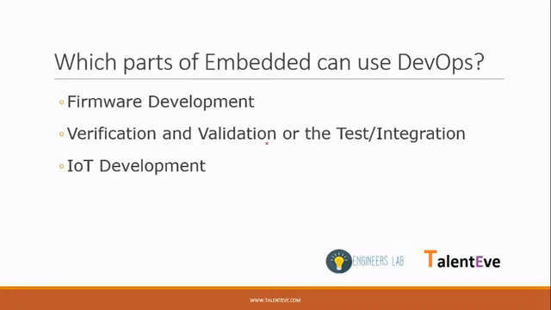IoT development can definitely use DevOps when they are developing the software level applications, whereas the hardware needs to be defined and available for that specific team to follow this, because unless the hardware is available, they cannot follow this. So IoT development can definitely follow DevOps when they are doing embedded development.